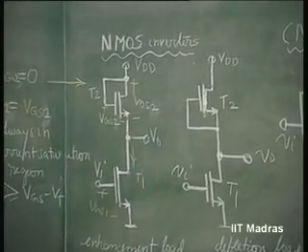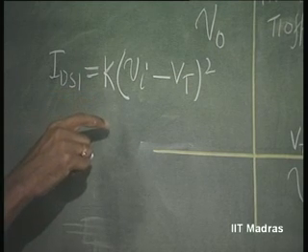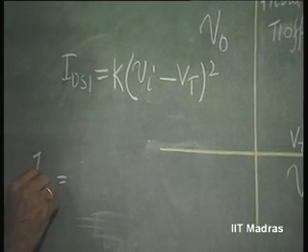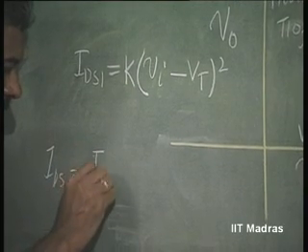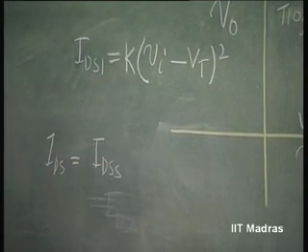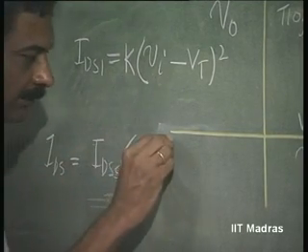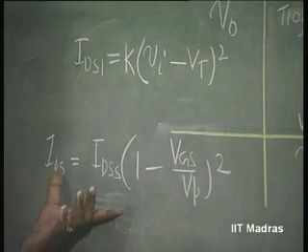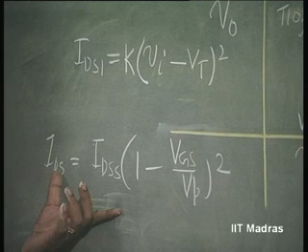So, its current, you cannot write it as 2K strictly speaking, because this characteristic is now going to be IDS equal to IDSS in the current saturation region, 1 minus VGS by Vp whole square. This is the equation for the current saturation region of depletion type of MOSFET.